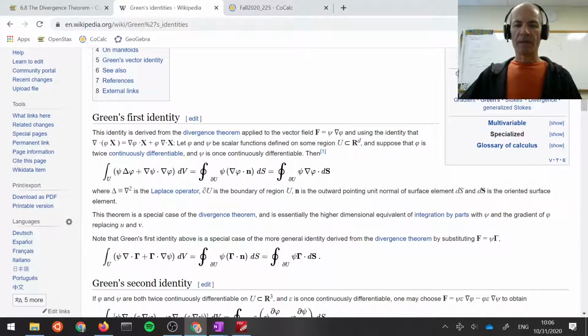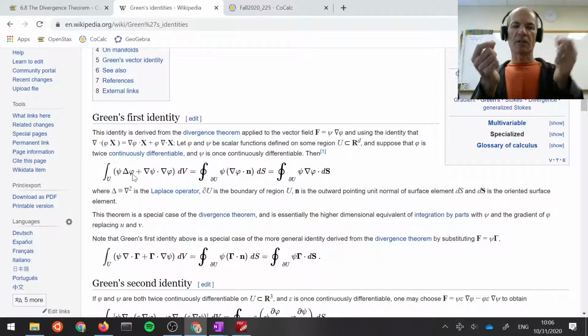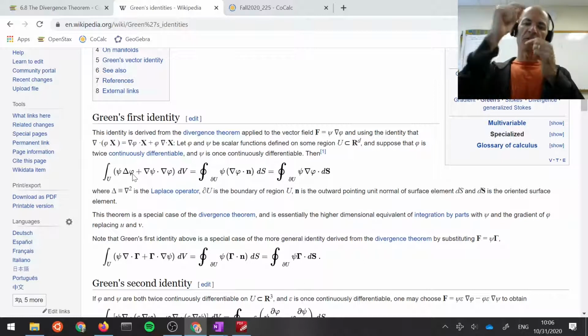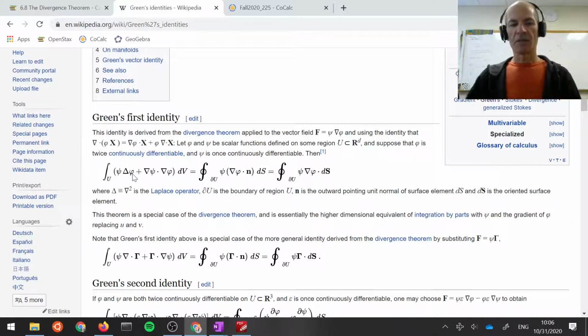Think about what's happening here. If you look at this very carefully, you're effectively moving this derivative off of the psi and putting it onto the phi. That's exactly what you do in regular integration by parts. You move the derivative off of one function and onto the other function at the expense of these boundary terms. Same thing's going on here.